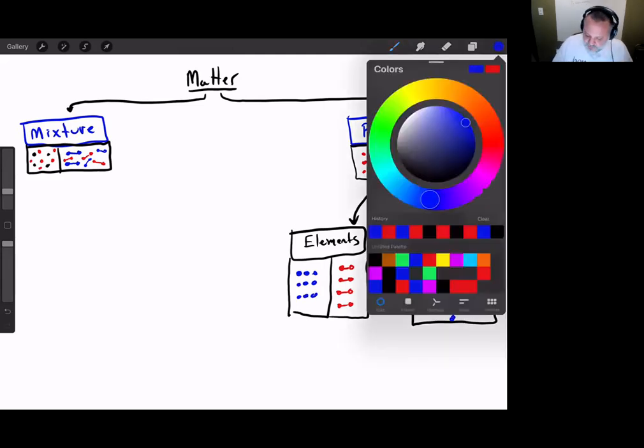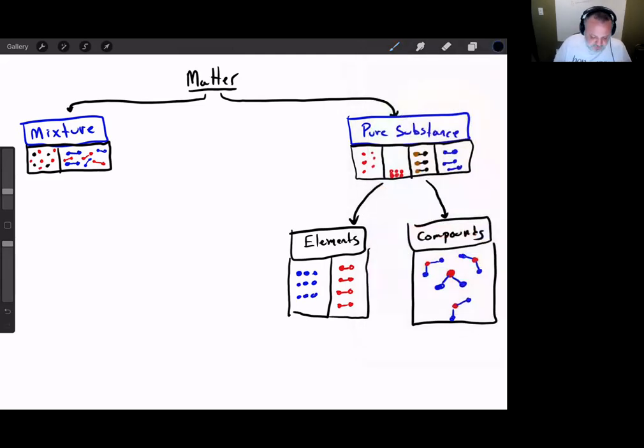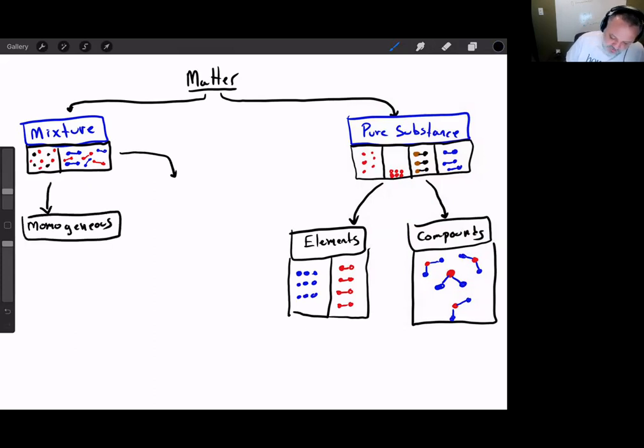All right, now getting into mixtures, now we've got a little bit of a challenge. Mixtures, these are going to be brand new words. They can be homogeneous, or they can be heterogeneous.